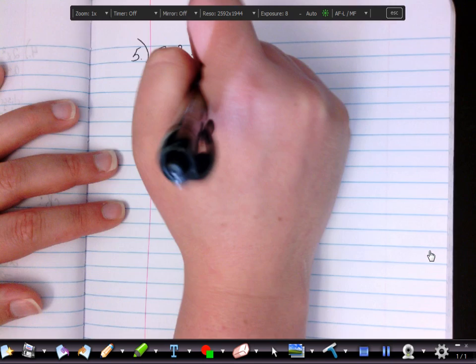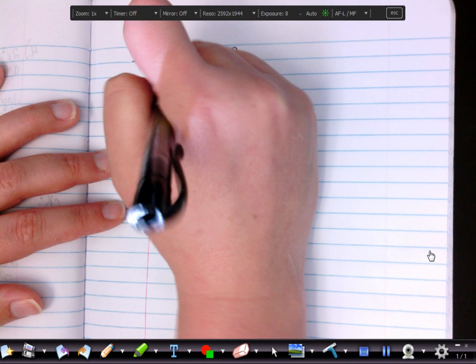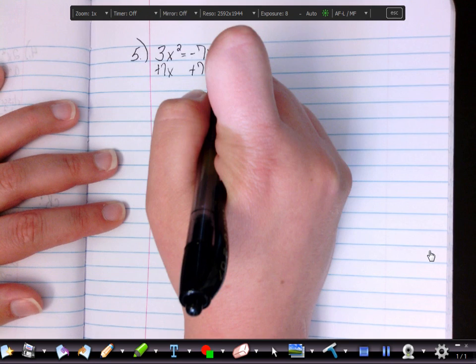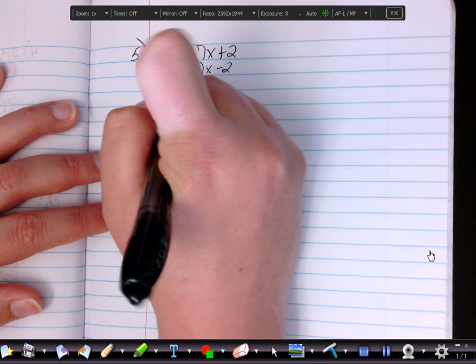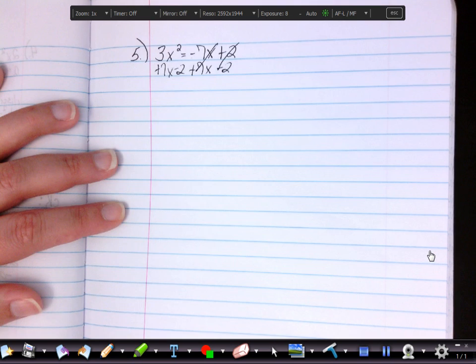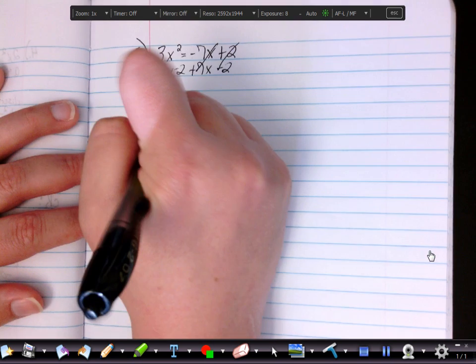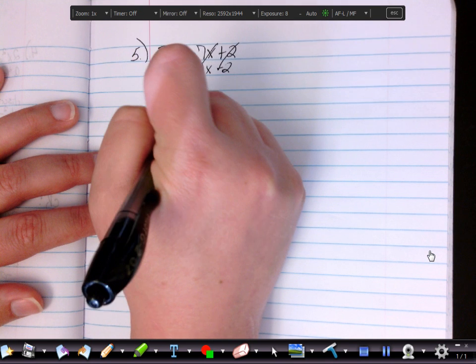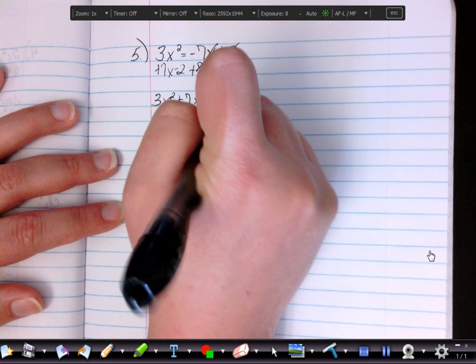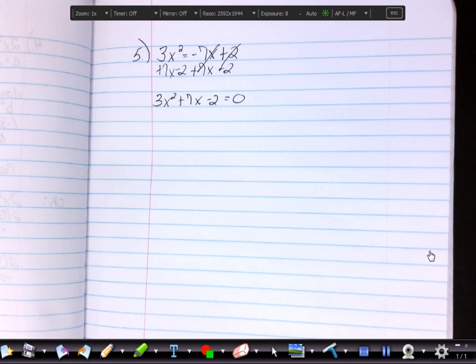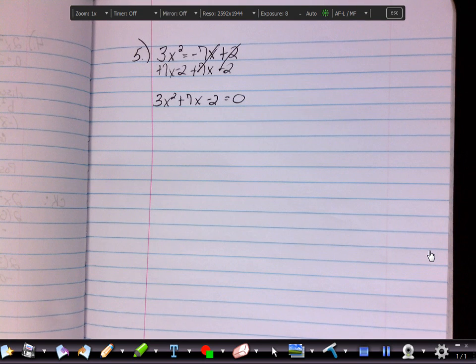So I'm going to add 7x to both sides, and since it's plus 2, I'm going to subtract 2. I'm going to do this all in one step, and list them in descending order. 3x squared plus 7x minus 2 equals 0, because everything on my right hand side of my equal sign canceled.